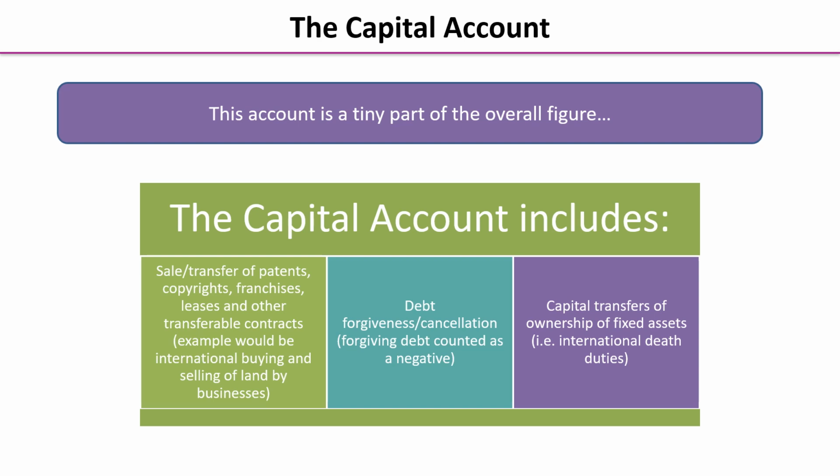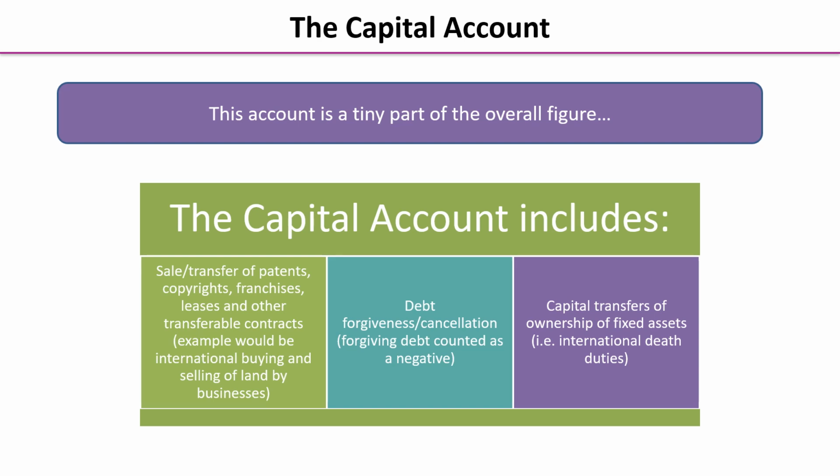As we saw on the previous slide, this account is a really tiny part of the overall figure, and it's just really worth being a little bit careful if you're using an older textbook or something like that. The financial account used to be called the capital account, so the definitions and what's included have changed.